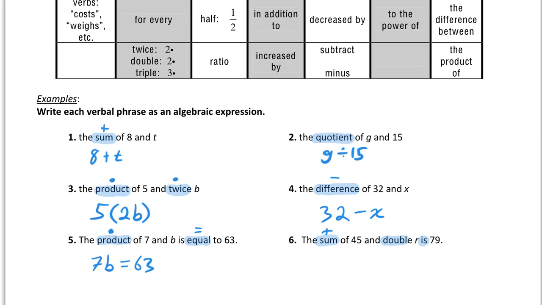So double is going to be 2 times the number, and then is equal, so whatever it is going to equal 79. And we have the sum of 45 and double r. So we're going to go 45 plus double r equals 79. And there it is. We've just taken the verbal phrase and changed it to an algebraic expression or equation.